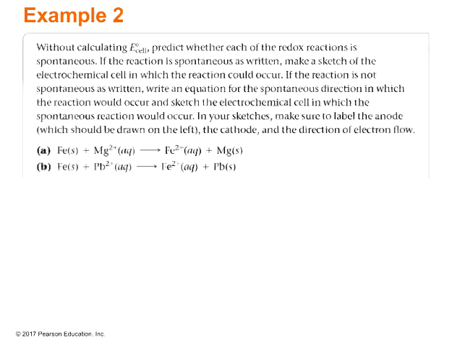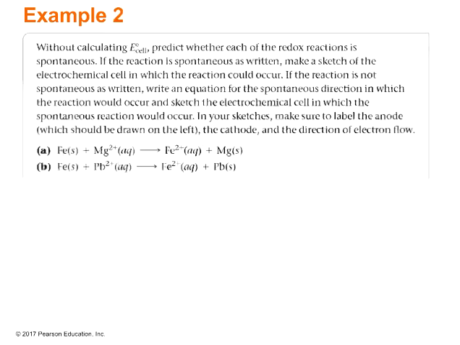If the reaction is not spontaneous, as written, then we're going to rewrite the equation so that it is spontaneous, and we'll sketch the electrochemical cell again. In our sketches, we need to make sure to label the anode, which should be drawn on the left, so that's oxidation, and then the cathode, which will be on the right, and that is reduction. And then we want to show the direction of electron flow.